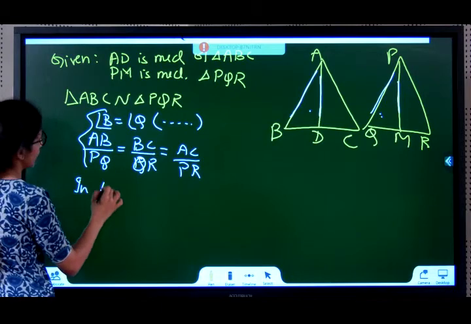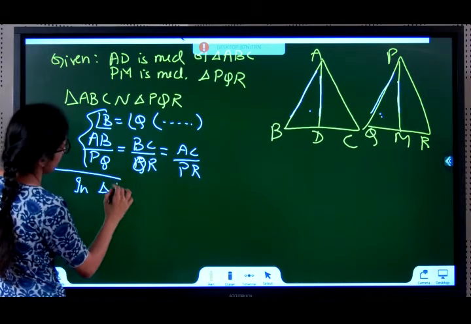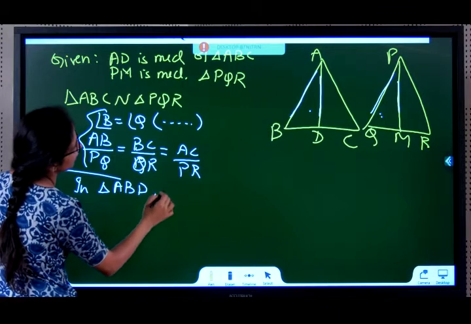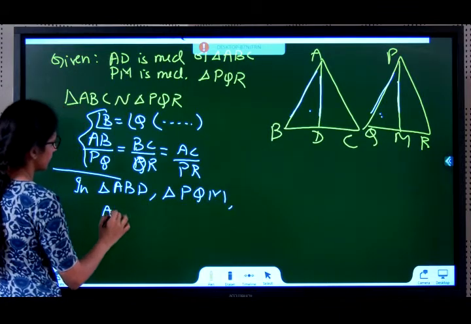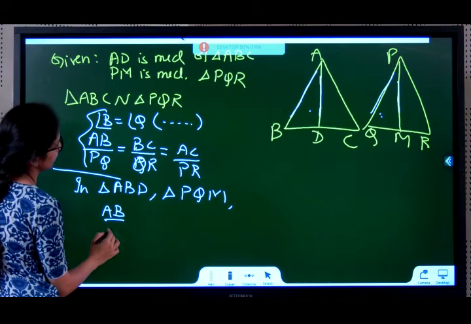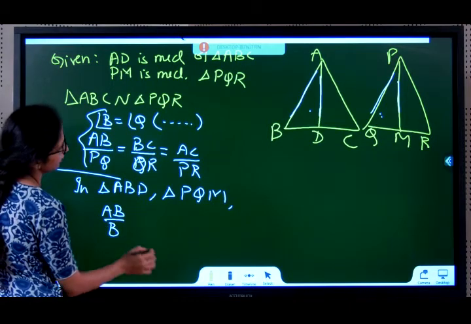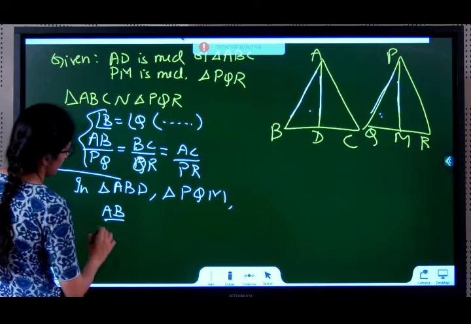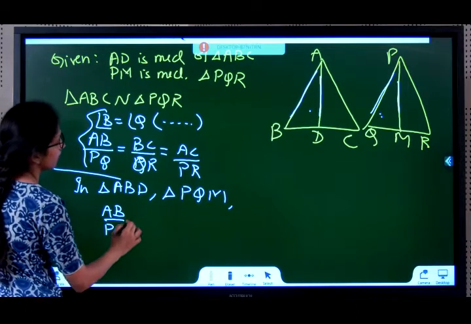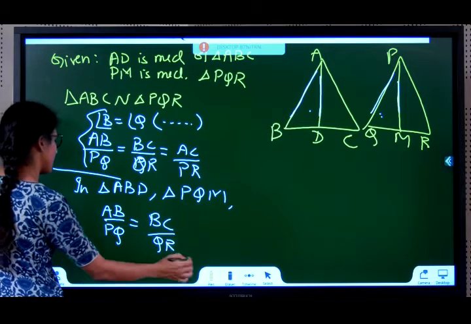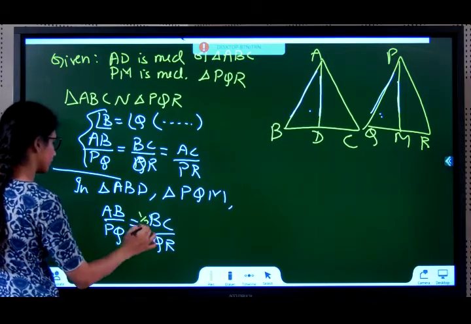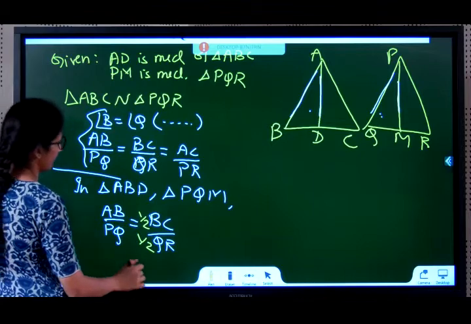So now, solution: in triangle ABD and triangle PQM, can I say AB by PQ is equal to BC by QR? I will put half and half here. Yes, I can.